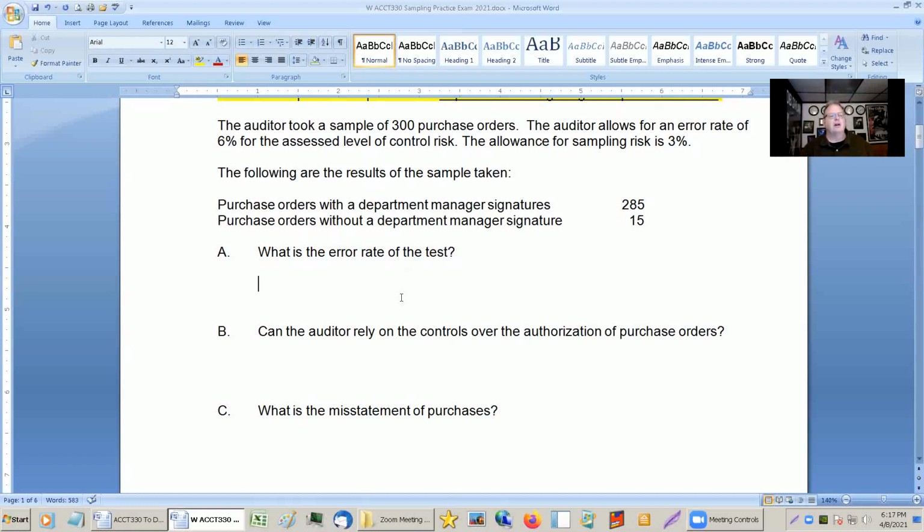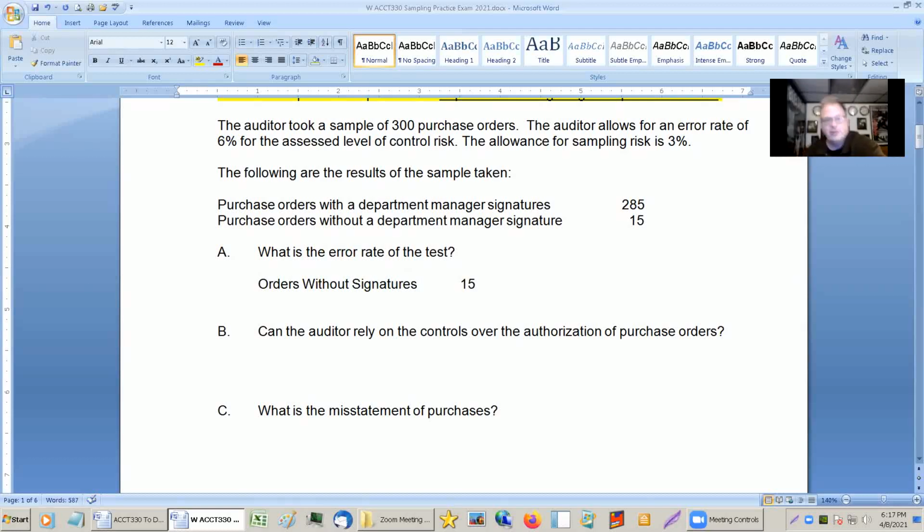So the orders without signatures was 15.